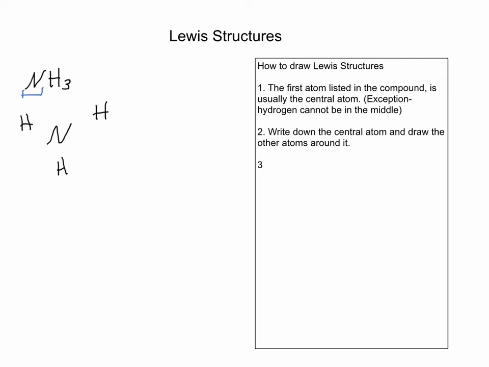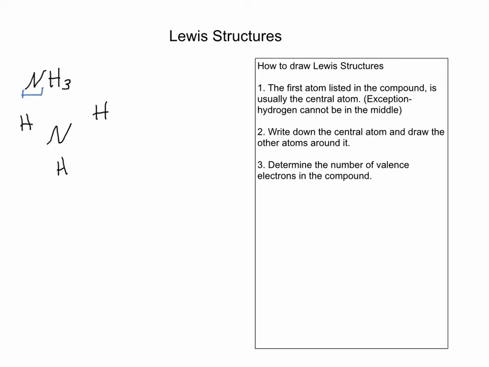So we've written down those elements. Next, we are going to determine the number of valence electrons in the compound. And you've actually done this before. We've looked at the periodic table and determined how many valence electrons something has.